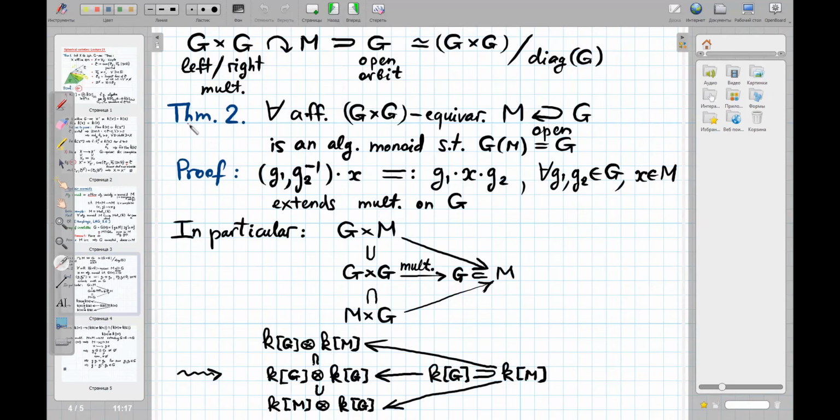Theorem 2 says exactly this. And viewing algebraic monoids as equivariant embeddings of algebraic groups, we can apply the theory of spherical varieties to this situation if the group of invertibles is reductive, because in the theory of spherical varieties, the acting group is reductive. So this leads us naturally to the following definition.